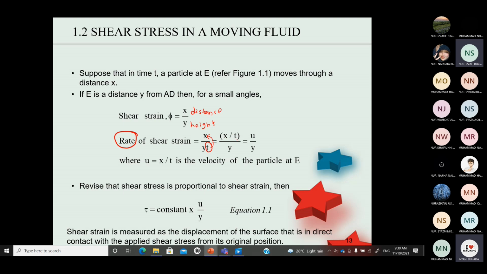So x over t is also equal to u. U is a speed, velocity, okay, velocity. U is equal to velocity and also equal to x over t. So that's why x over t is changed to u. Alright, so where u is equal to x over t is the velocity of the particle at E.